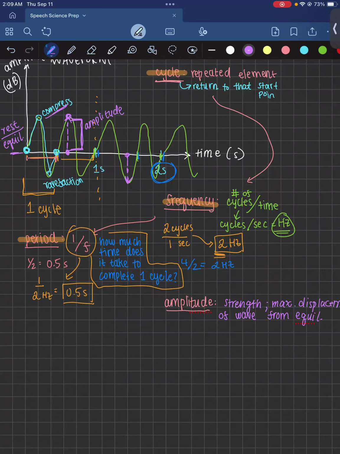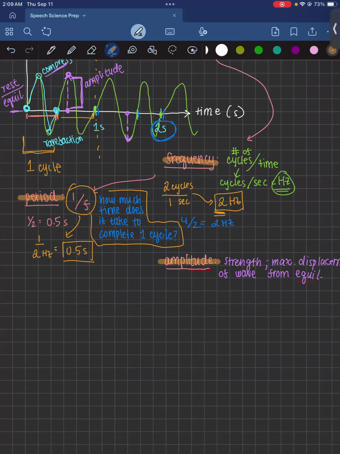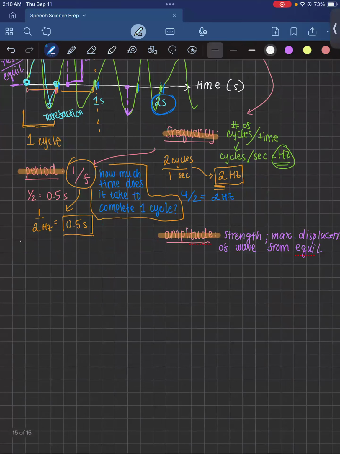And basically, the reason that all these terms are important to know is because when we perceive sound, some of these physical properties of the sound waves translate to how our perception of the sound changes. So all this stuff before, this is the physical components of the wave.